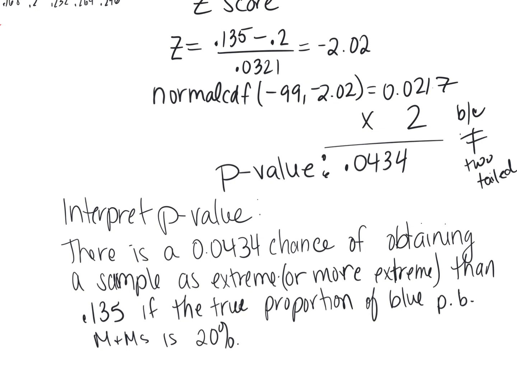If the null hypothesis is true, this is the probability of getting our sample or something more extreme.